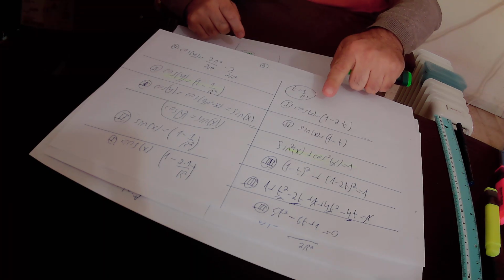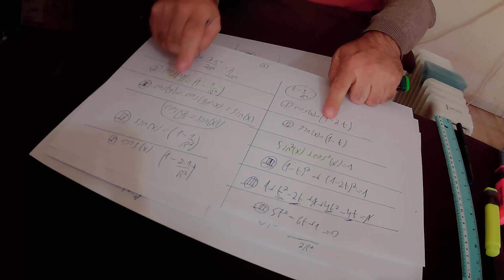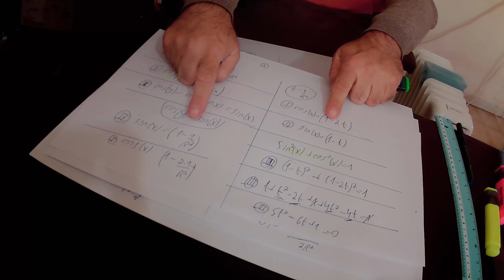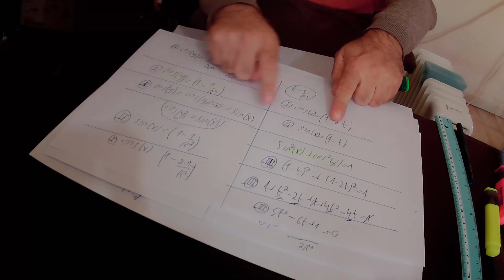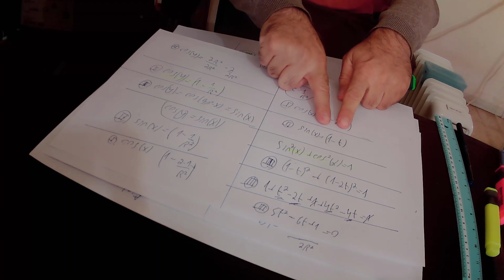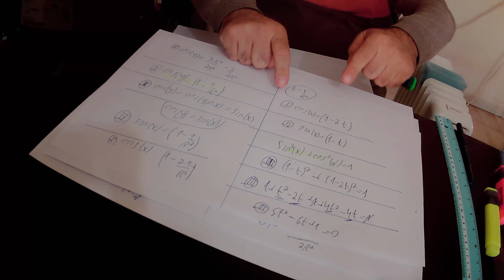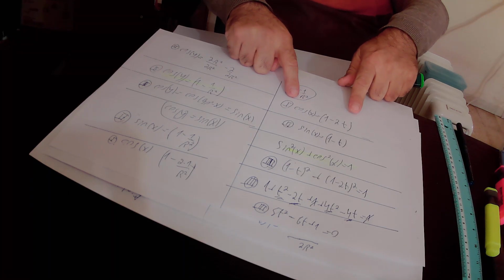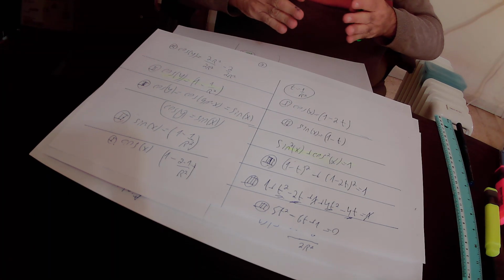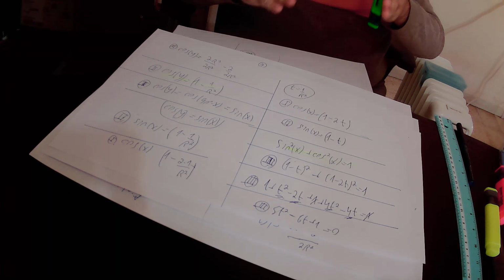Then in equation number 2, sine x equals 1 minus 1 over r squared, but 1 over r squared equals t, so sine x equals 1 minus t. According to equation number 1, cosine x equals 1 minus 2t. So we have here expressions for cosine x and sine x.